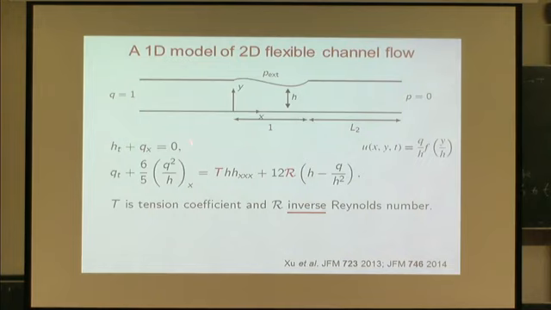So we've got inertia in the problem, so we have unsteady and convective inertia here. We have the viscous term, because we've made this assumption about the profile, gives us a term minus Q over H squared here, with a coefficient R, which is an inverse Reynolds number. So small r means almost inviscid. And then there's a pressure gradient, which is set by the curvature gradients of the membrane.